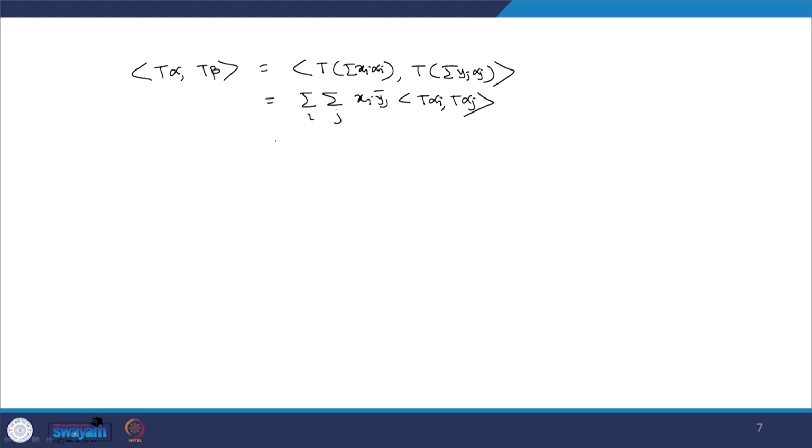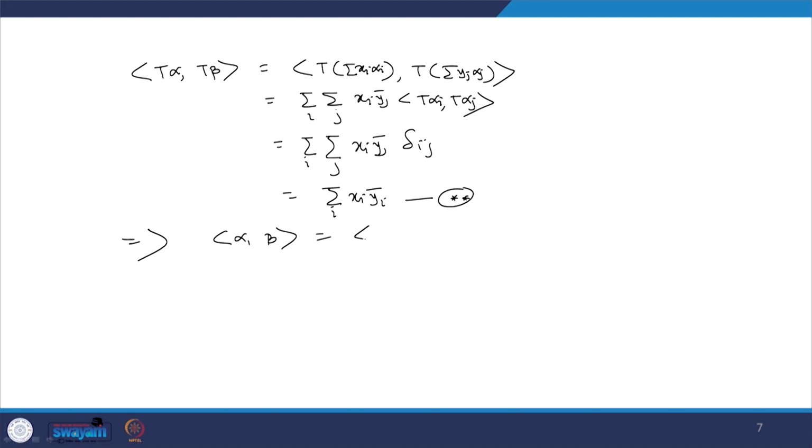So, this is equal to again the sum over I, j of xi yj bar delta I j, because T alpha I and T alpha j are also orthonormal. So, this is equal to simply the sum over I of xi yi bar. So, this implies the inner product of alpha and beta equals the inner product of T alpha and T beta. So, 4 implies 1.